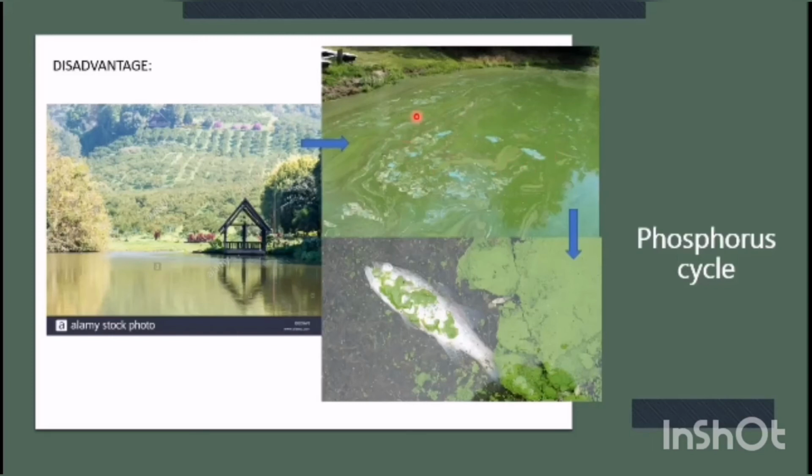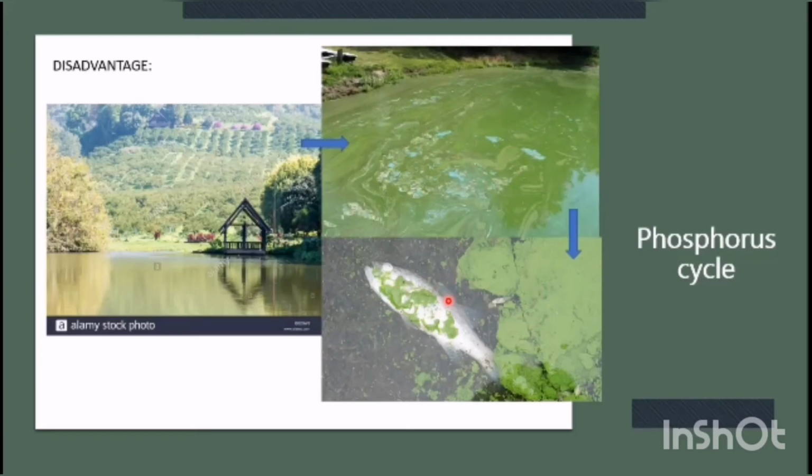Algae cover the top of the lake surface. This is also called an algal bloom. This excessive growth of algae will lead to eutrophication.